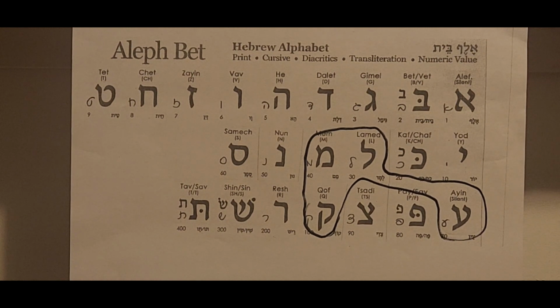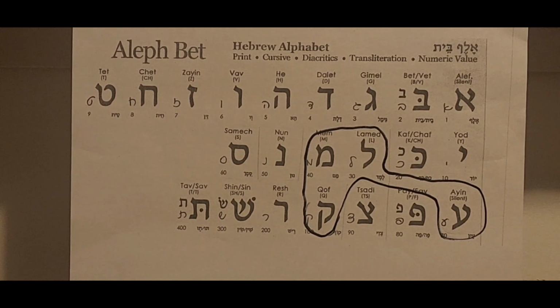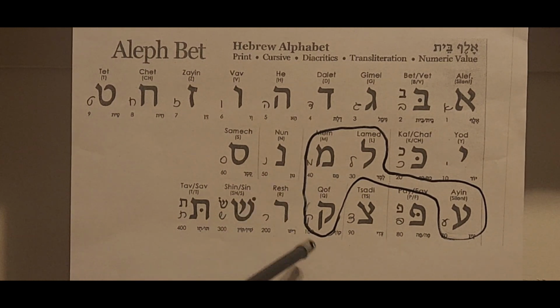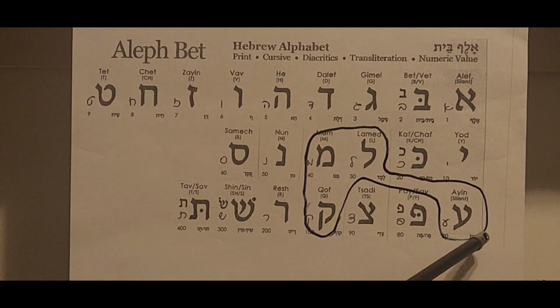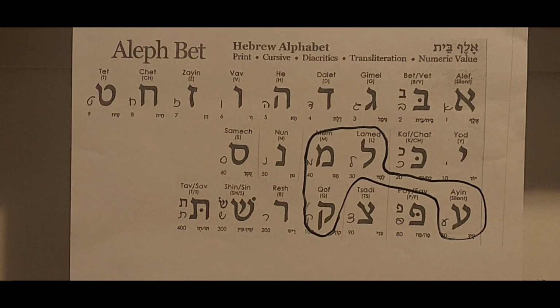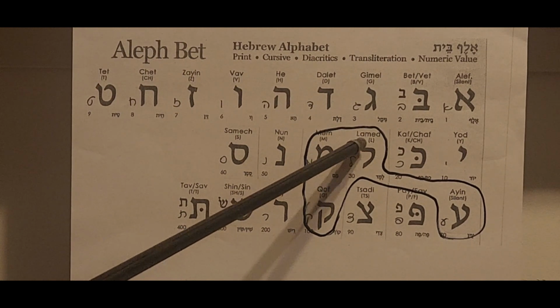And finally, we have the family of orphans, just simply because these guys didn't belong anywhere else. We have the Lamed, the Mem, the Ayin, and the Kuf. Perhaps the only thing distinctive about these is the Lamed goes above the line.